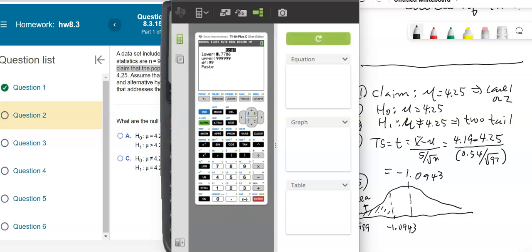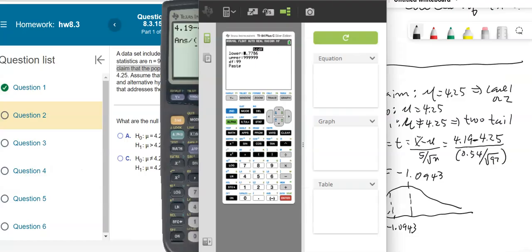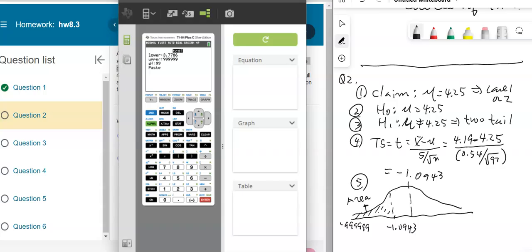The lower is negative 999,999, and the upper is negative 1.0943. Degrees of freedom is 97 minus 1, 96.